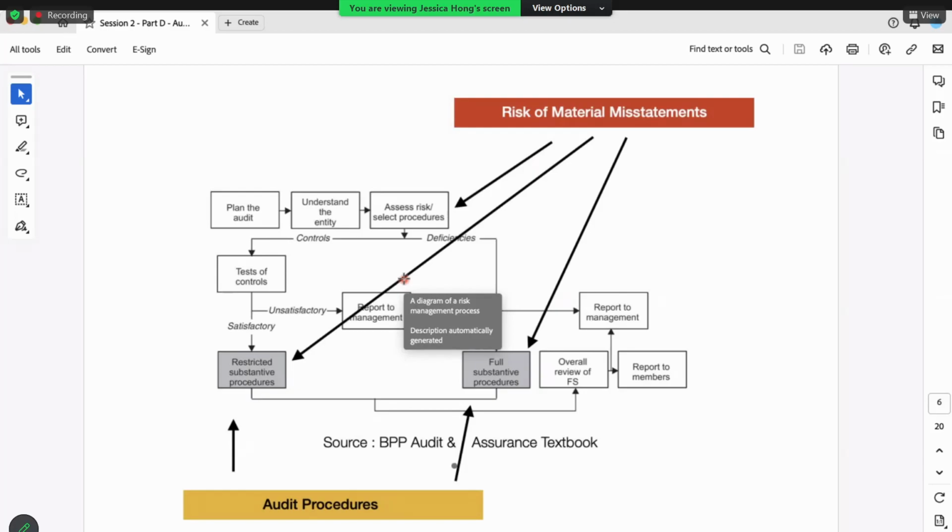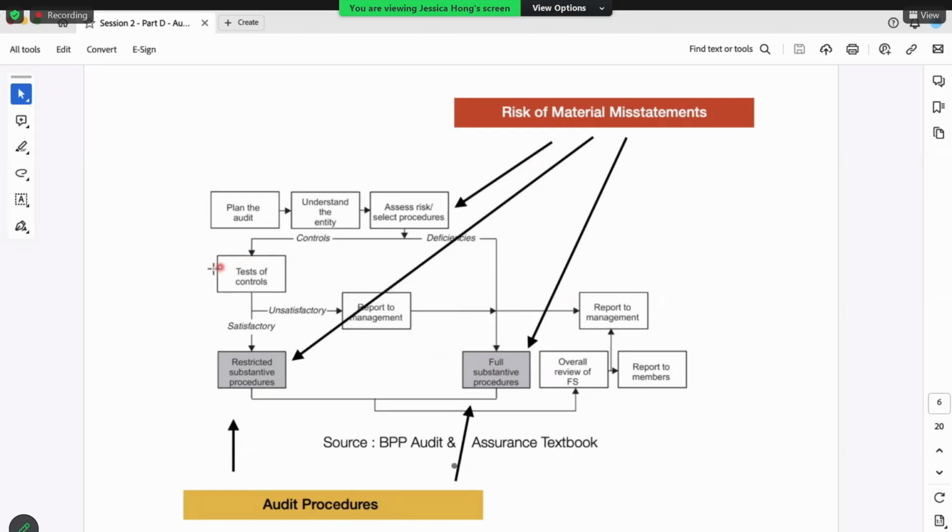So based on that, we will assess the risk of material misstatement, where is the area, and then auditors will suggest some of the procedures for them to understand a bit more and also assess the risk to see whether that particular area is high risk or low risk.